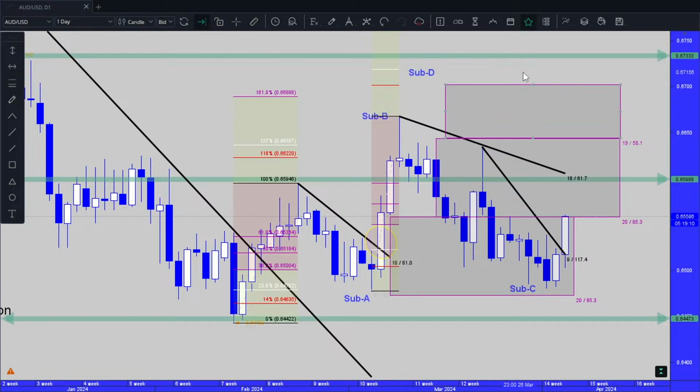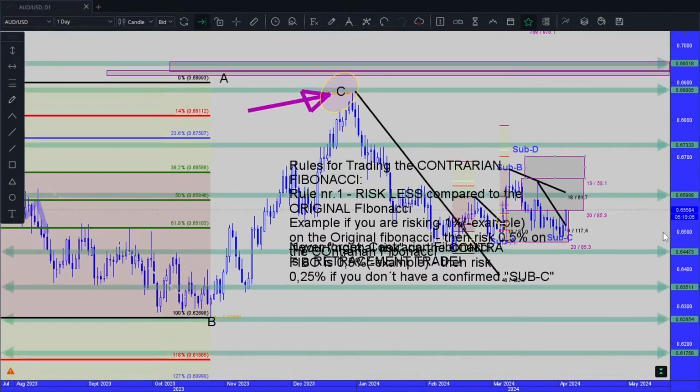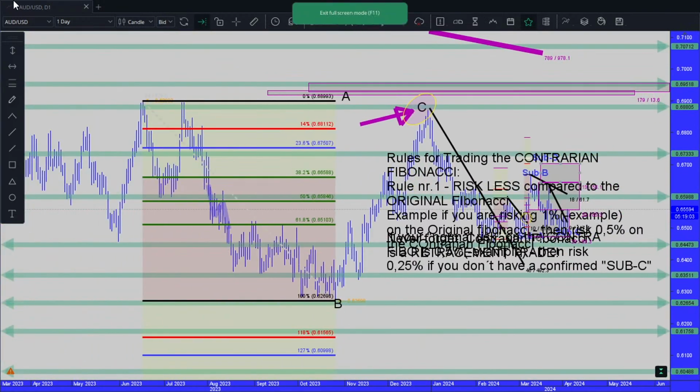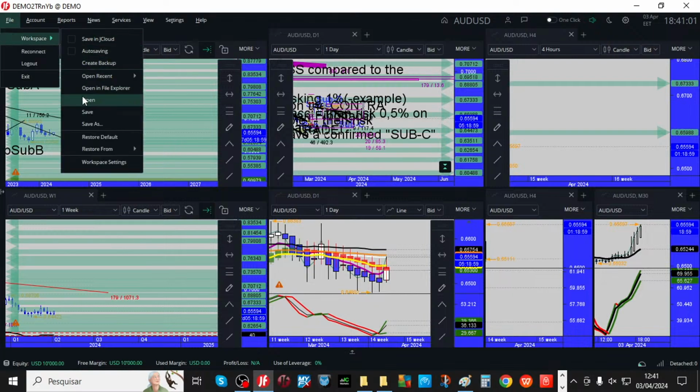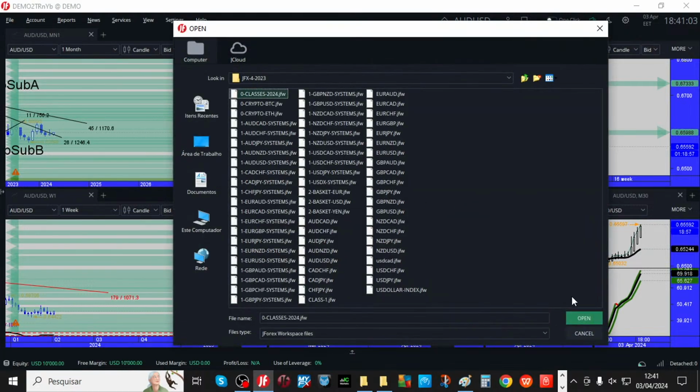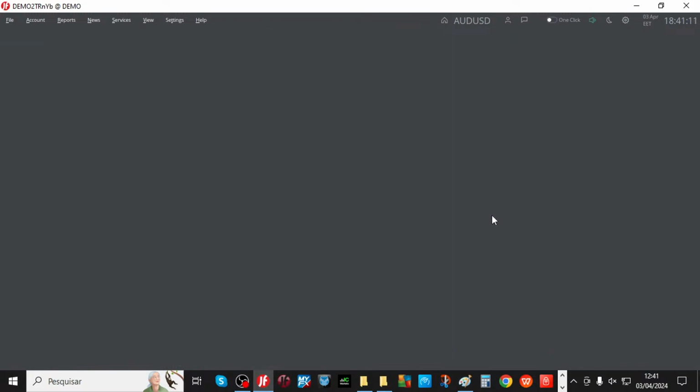Everybody, don't mix the original Fibonacci with the contrarian. Alright? Don't mix the two in terms of risk. Remember the lesson before Easter celebrations, everybody?